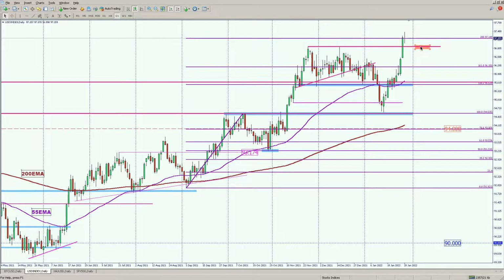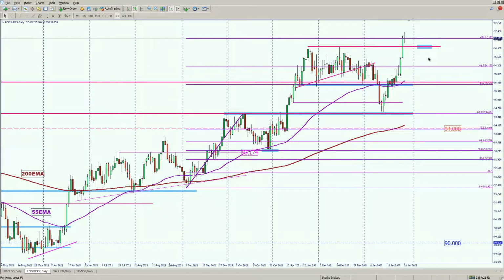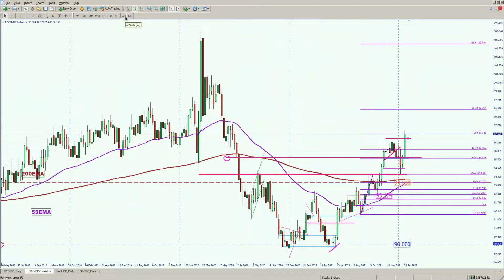So this is now going to be support. These levels are all support here. Let's see on the weekly time frame how far it can go if it continues its bullish momentum.